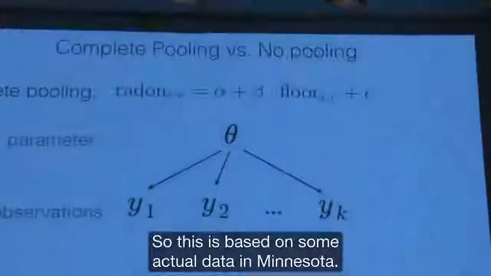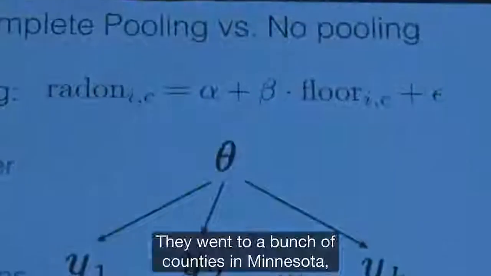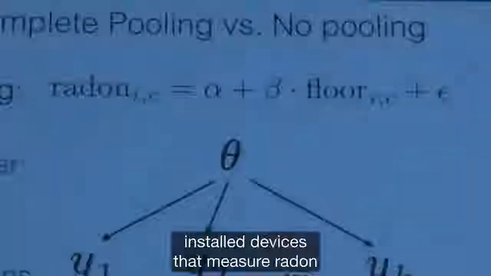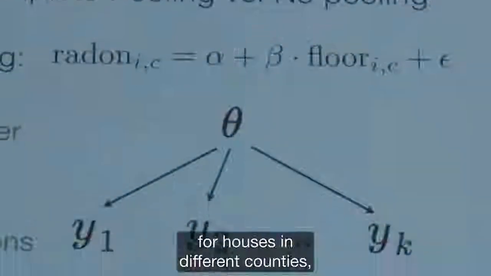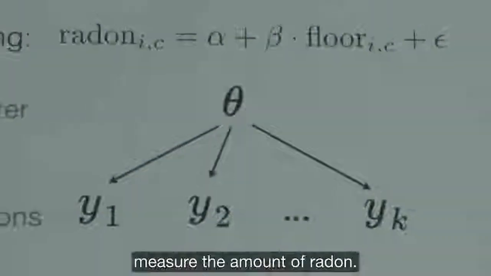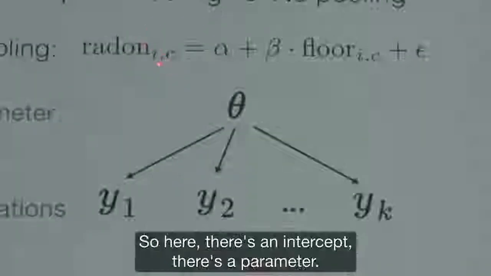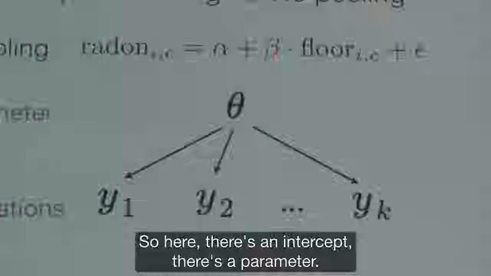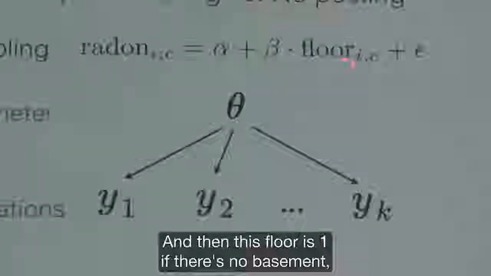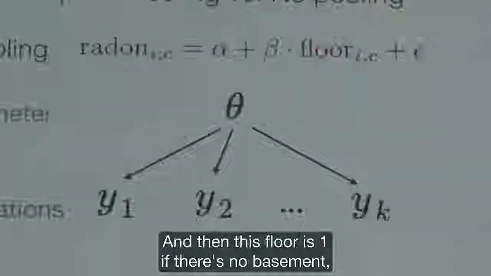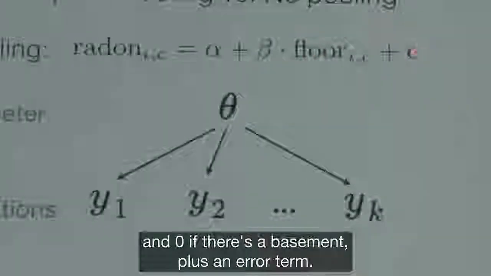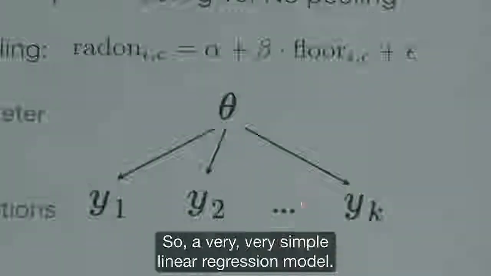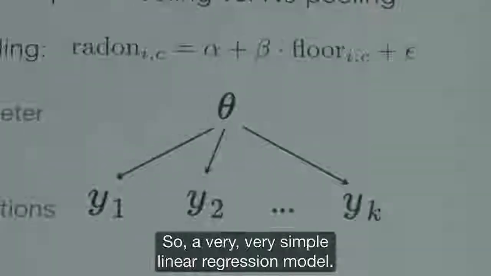This is based on some actual data in Minnesota. They went to a bunch of counties in Minnesota, installed devices that measure radon, and measured the amount of radon for houses in different counties. Here there's an intercept, and this floor variable is 1 if there's no basement and 0 if there's a basement, plus an error term.